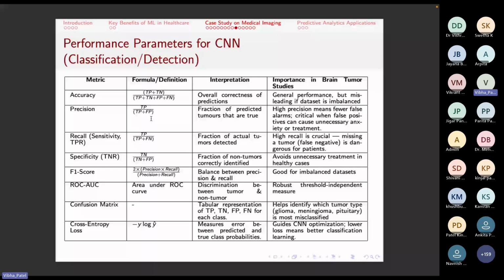But in case of imbalance, as I stated, F1 score uses a combination of recall and precision. So rather than trusting accuracy, relying more on F1 score is of utmost importance. Specificity is also one. These are the parameters which one can use for CNN.